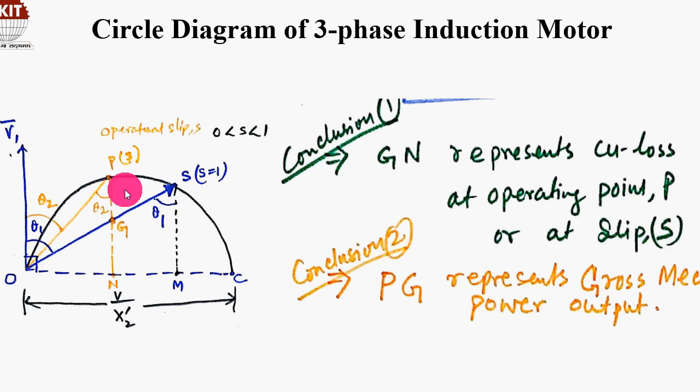So if you subtract GN from PN, you will get PG, and this represents the gross mechanical power output.